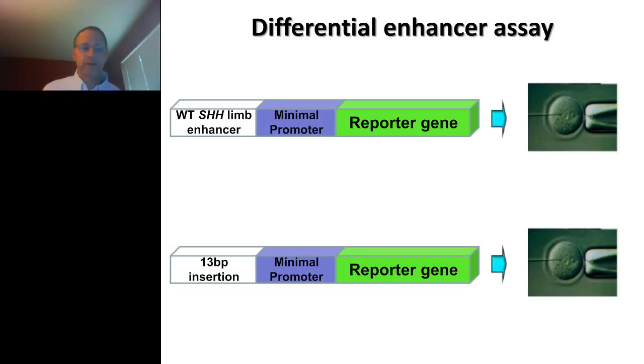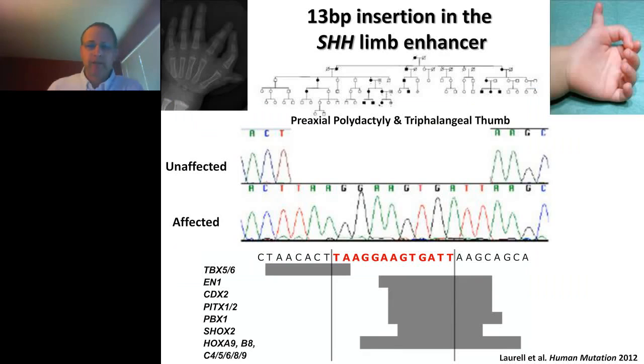So we're taking exactly the same sequence as above, but now with that 13 base pair insertion into it, and putting it inside the same construct in front of the minimal promoter and reporter gene, and asking the question, is there a difference between them? Does the one on the top give us a different expression pattern versus the one on the bottom in mice?